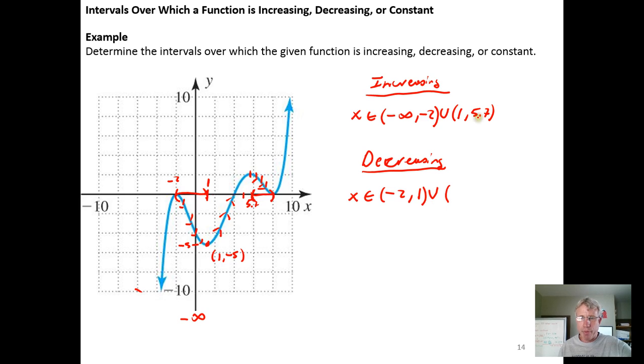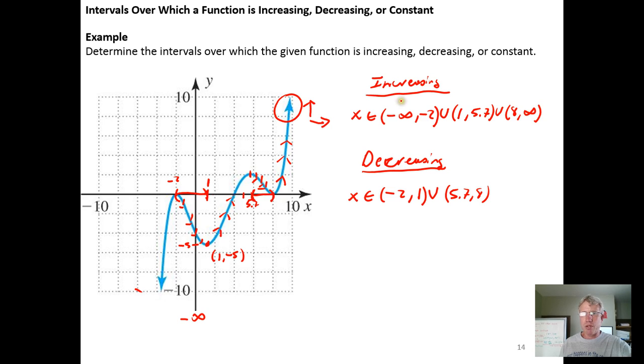And now we're increasing again. So union, starting at 8, the function goes up, and I have an arrow here, so that tells me we're going up, and the function goes infinitely far to the right, so the x values are going to infinity. So on the interval from 8 to infinity, the function is increasing in value.